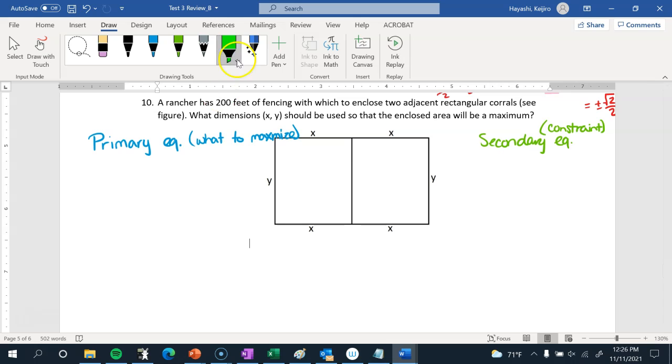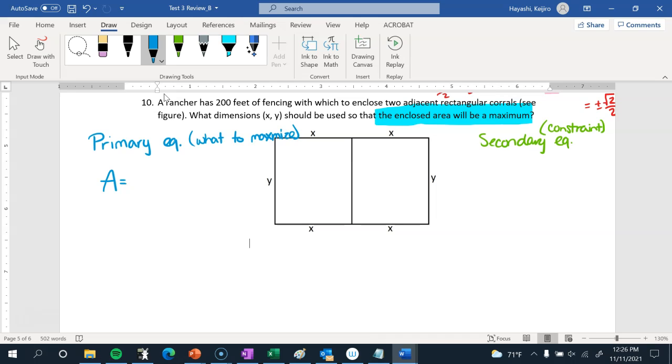So if you just sort of skip to the end of the question, it looks as if what you're trying to maximize is the enclosed area of this sort of shape, right? And so describing the enclosed area in terms of what's there, well, this is a rectangle, so all you need to do in order to describe the area is take the length and multiply it by the width.